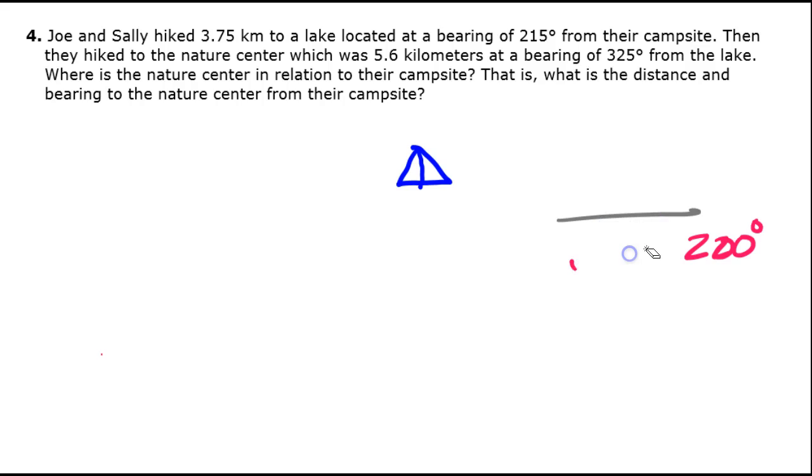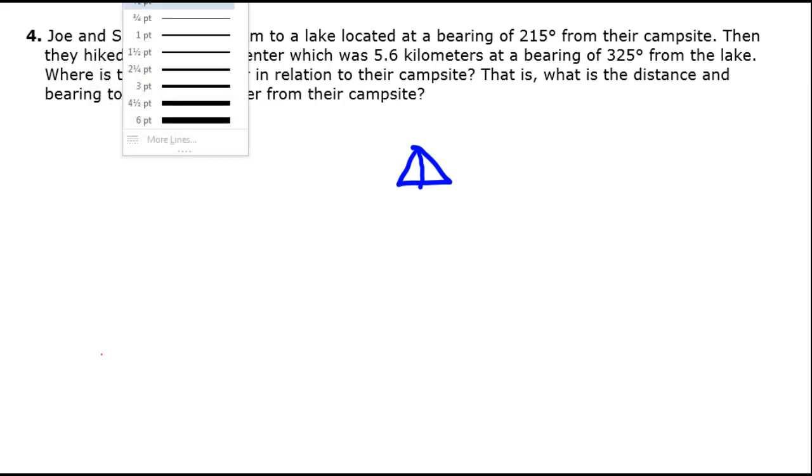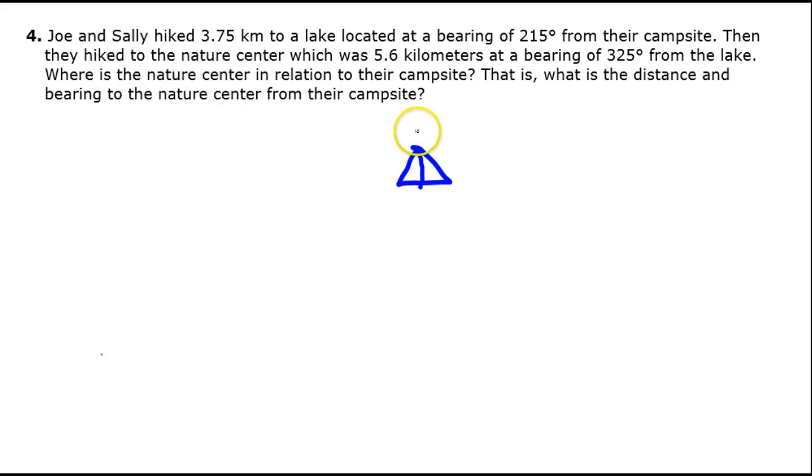So getting back to the big picture, they're traveling from their campsite to a lake at a bearing of 215 degrees. So if the bearing is 215 degrees, then we measure from north and go clockwise.